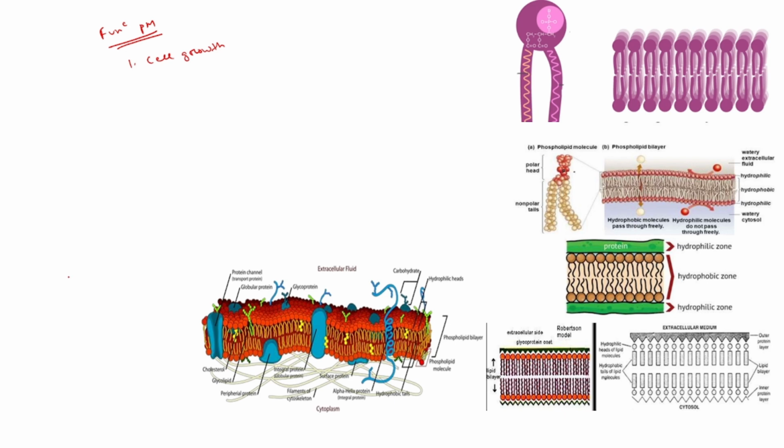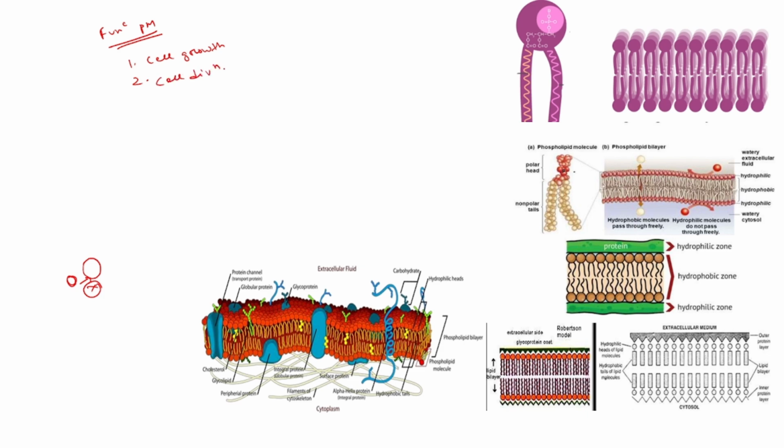Cell growth means, let's say this is one cell, it grows like this. Why? Because the plasma membrane is fluid, not hard. If it were hard like the cell wall, then the growth of the cell could not be done. So that's why one of the functions of the plasma membrane is cell growth, another is cell division.